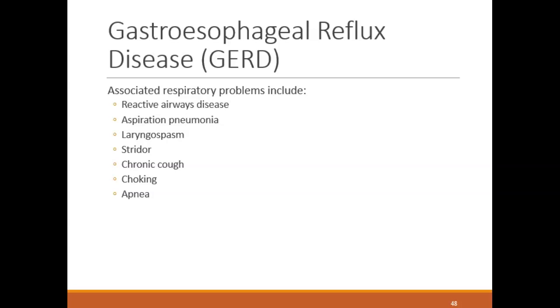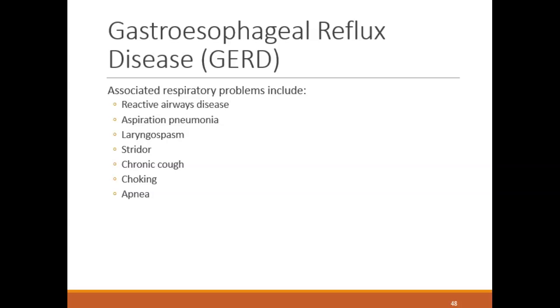So the risk with this is that you can develop some different respiratory disorders. Reactive airway diseases, asthma, and GERD are closely linked. I don't know if it's because of the potential aspiration of that stomach content, which can cause reactivity in the airways, pneumonia, laryngospasm, chronic cough, stridor.